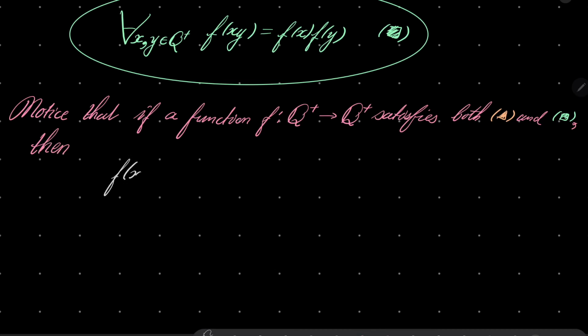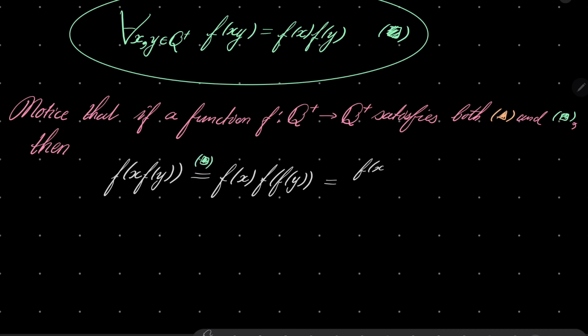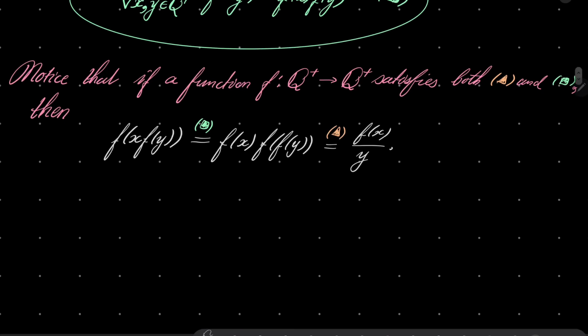Well, f of x times f of y, I can write it as f of x, f of y, because of my condition square. And now f of y can be written as 1 over y in turn by condition triangle. So essentially, we have just proven that our condition asterisk is equivalent to the conjunction of condition triangle and condition square.